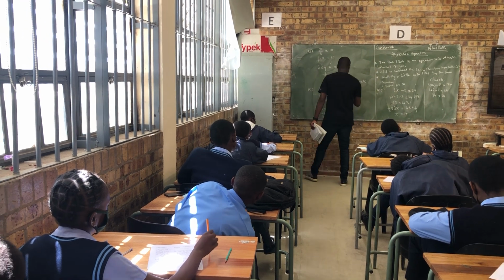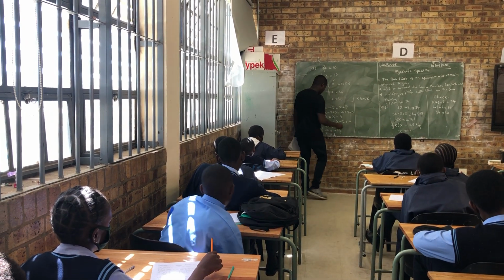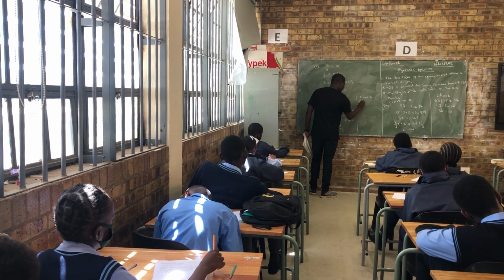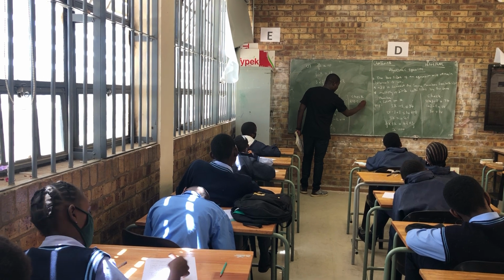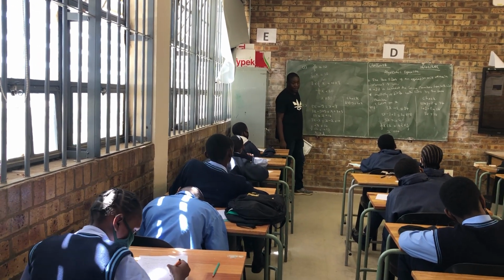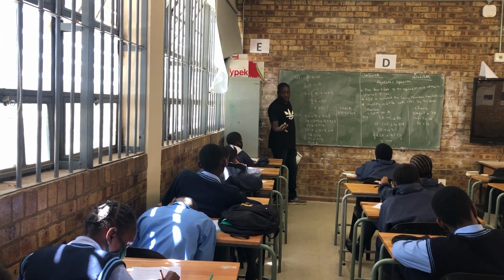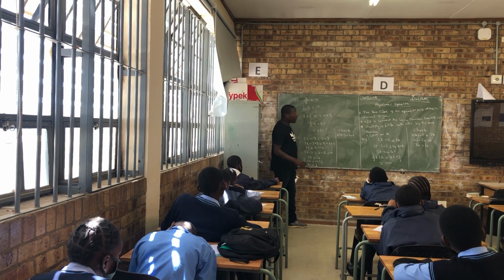So now let's check. That means when we see x, we put 7. So I'm going to say 3 times 7, subtract 5, equals 7 plus 9. 3 multiplied by 7 is 21. 21 subtract 5.